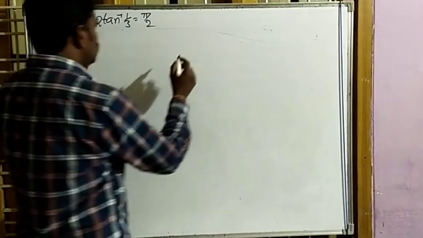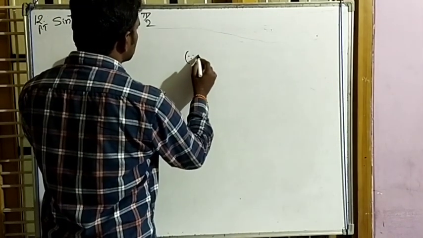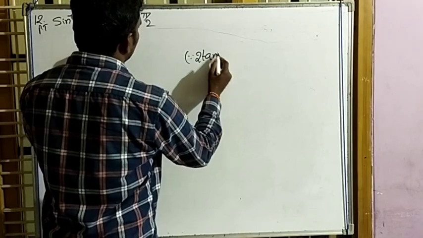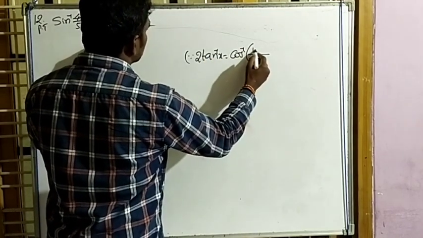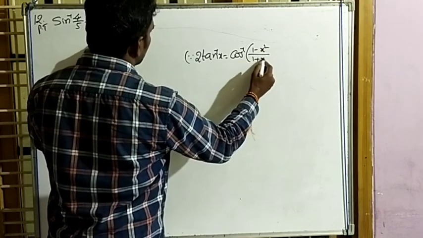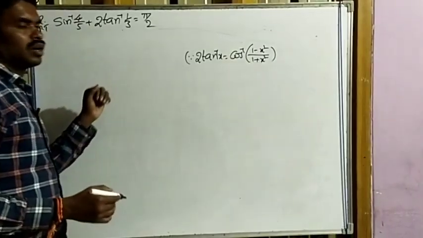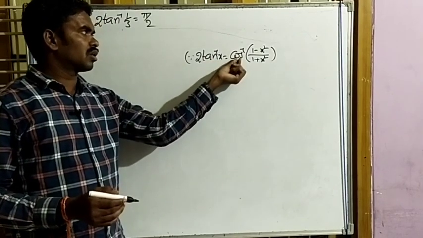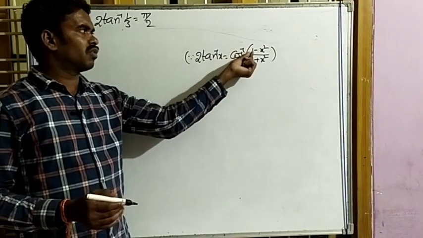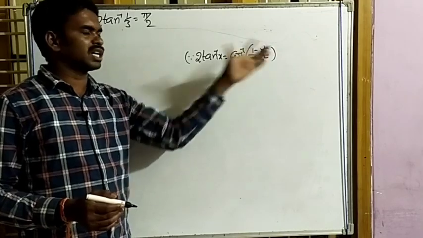So use one formula, that is, 2 tan inverse x is equal, in terms of cos inverse, to cos inverse of (1 minus x square) by (1 plus x square). Okay, this comes from the cos 2 theta formula, 1 minus tan square a by 1 plus tan square a.